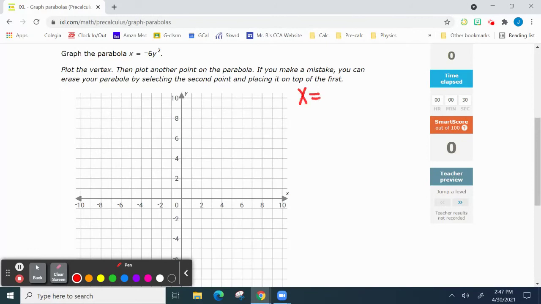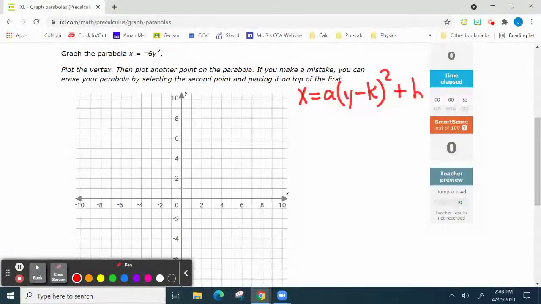All right, they started us out with an x equals y-form instead of a y equals x-form, right? So x equals a times (y minus k) squared plus h. So what do we have here? First of all, it's an x equals, and a is negative.